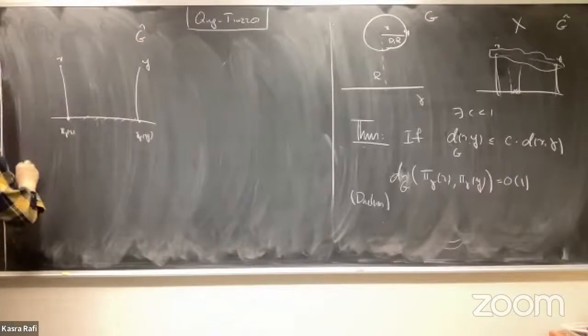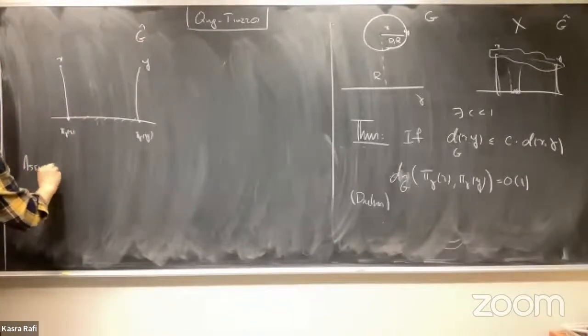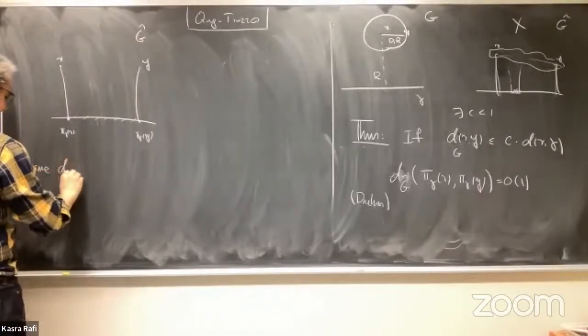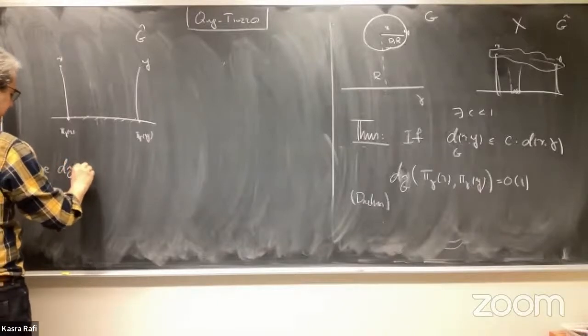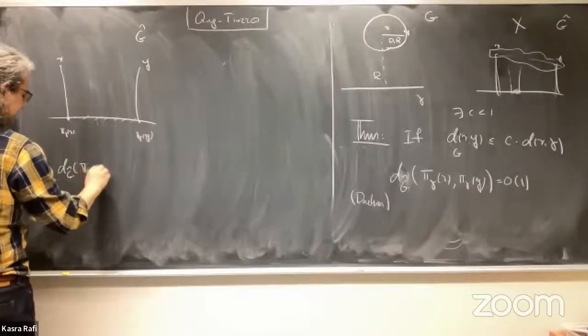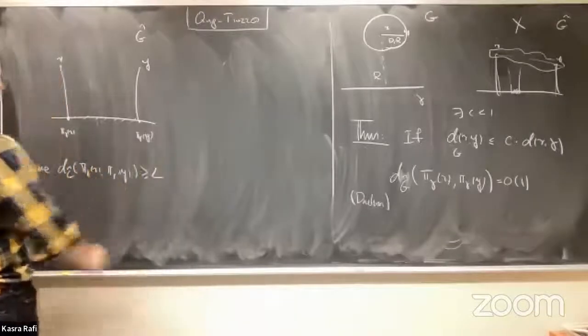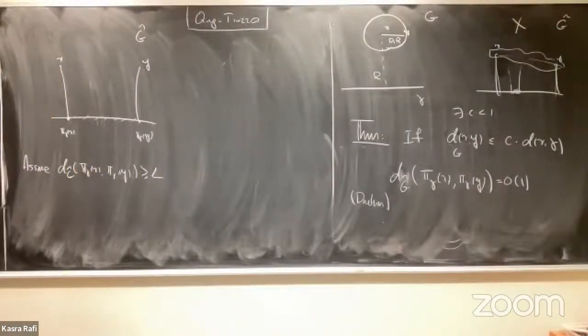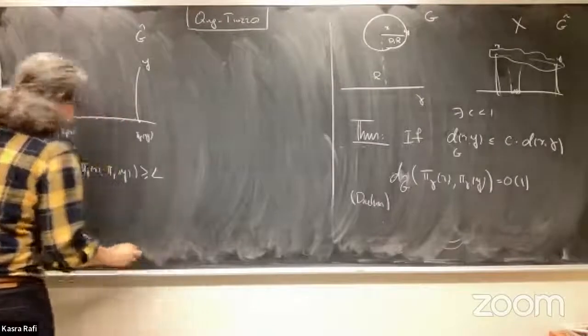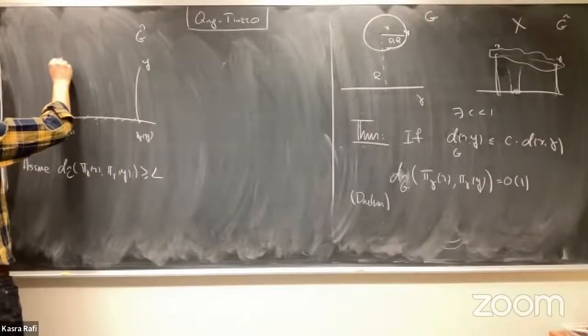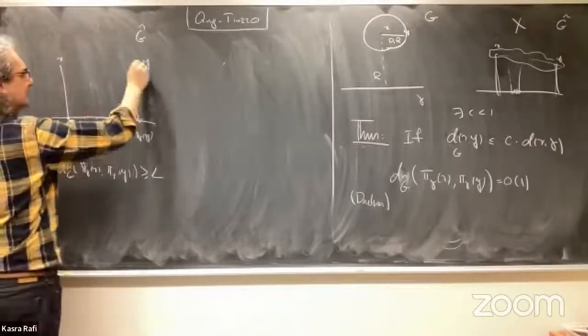Assume the distance in G hat between pi gamma X and pi gamma Y is bigger than some very, very large number L. What do I want to say? I want to examine the geodesic from here to here.